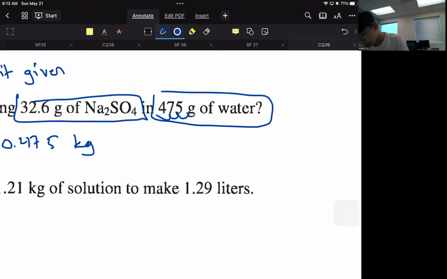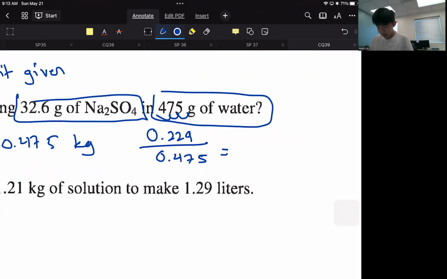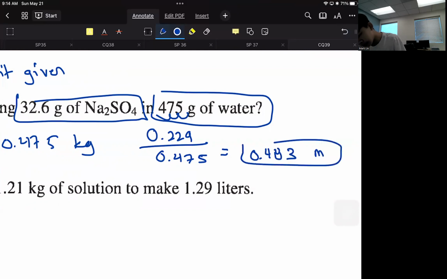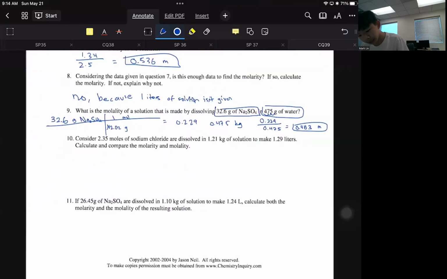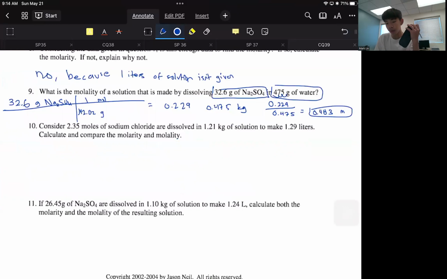You divide this out, 0.229 divided by 0.475. You're gonna get around 0.48 small m.